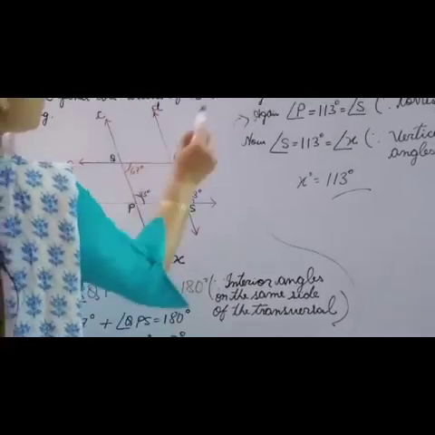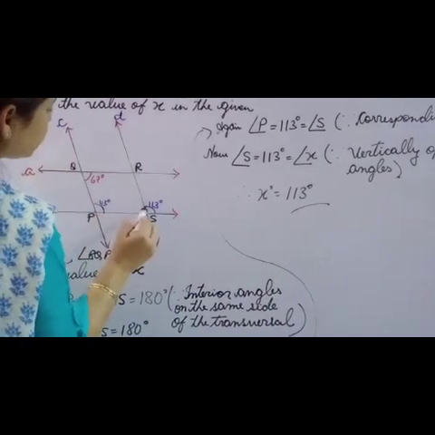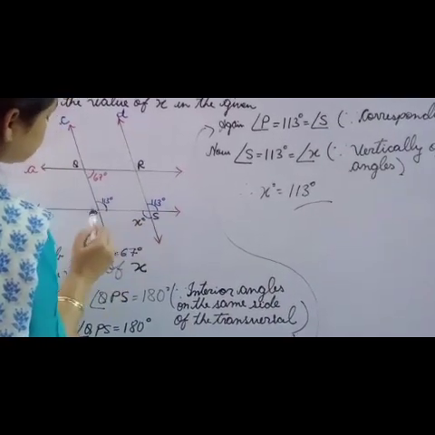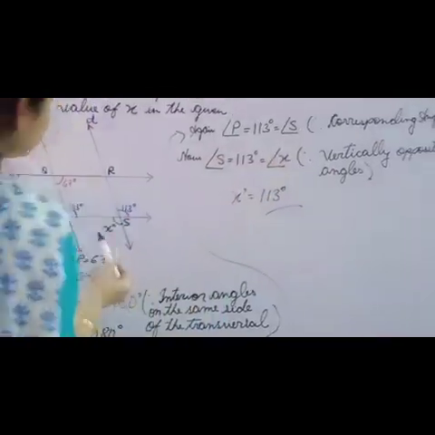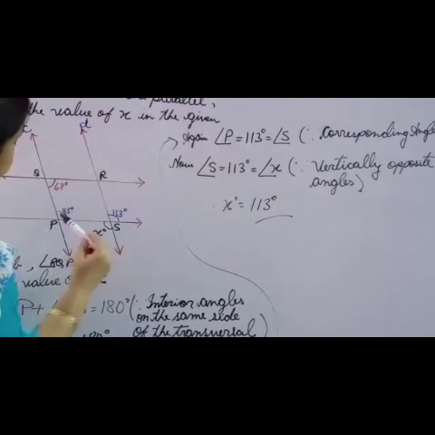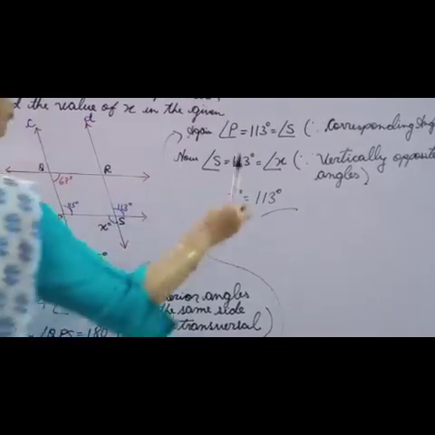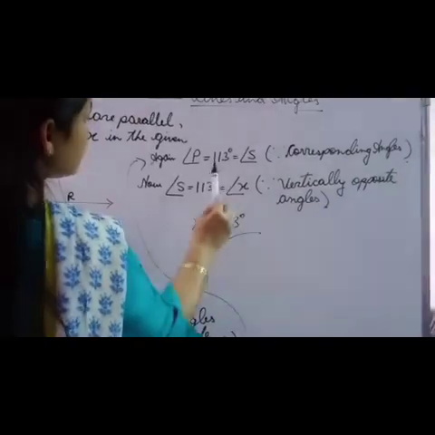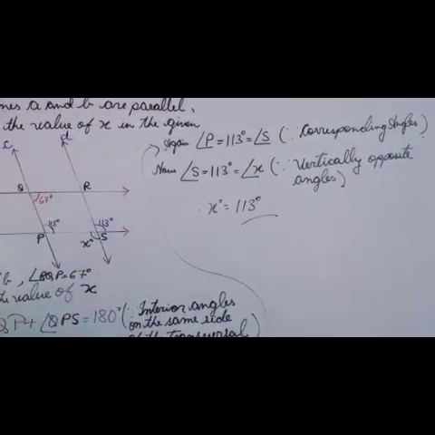Now since these are parallel lines, I can say that this angle is equal to this angle S. Angle P is equal to angle S. Why so? One is an interior angle, one is an exterior angle, and they lie on the same side of the transversal. So these are the corresponding angles. So in this way, angle S is equal to 113 degrees.